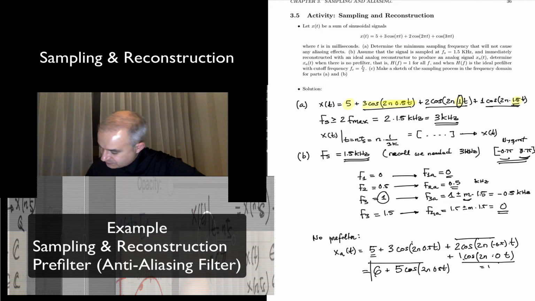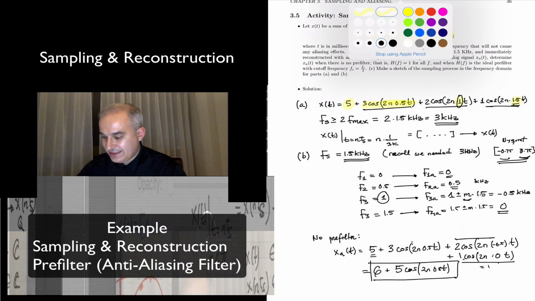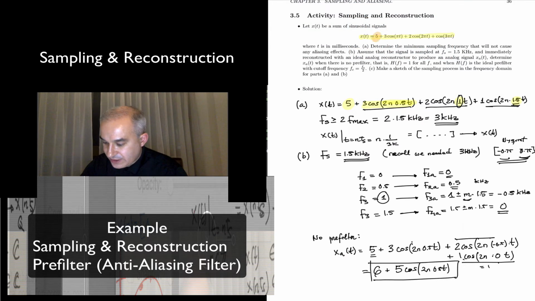So this is what happens without our prefilter. This is what we will reconstruct. Notice we are not reconstructing the original signal. Okay? We are not reconstructing this. But notice that we are also not even reconstructing the lower components. 5 now is 6, and 3 pi t becomes 5 there.